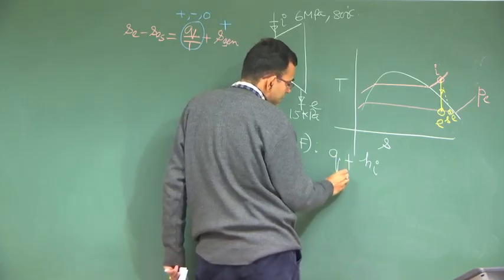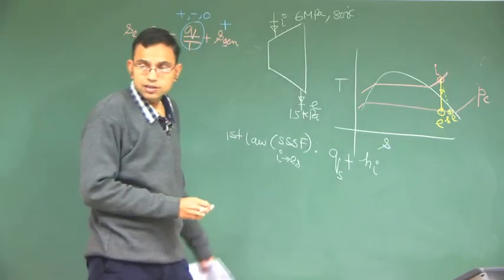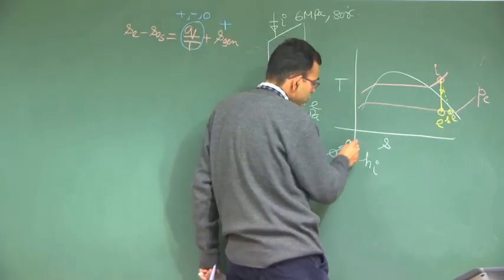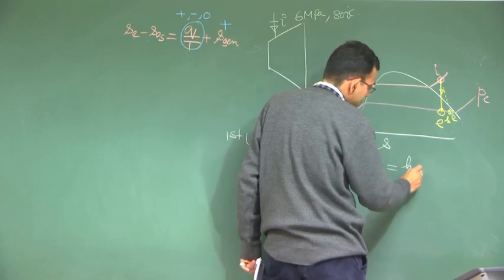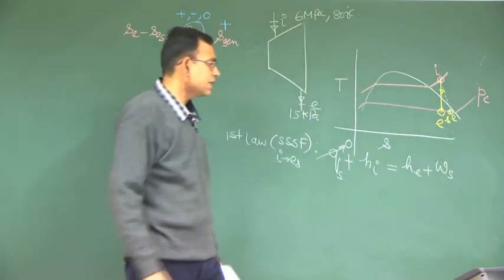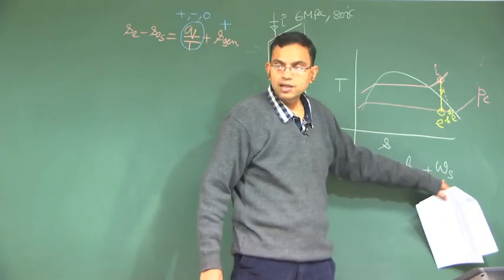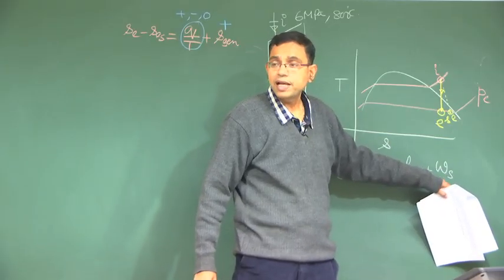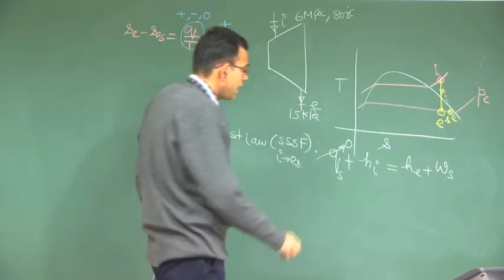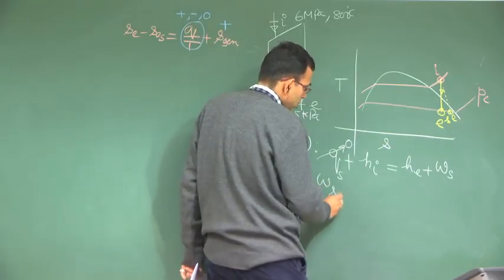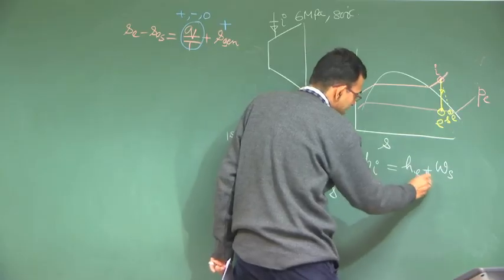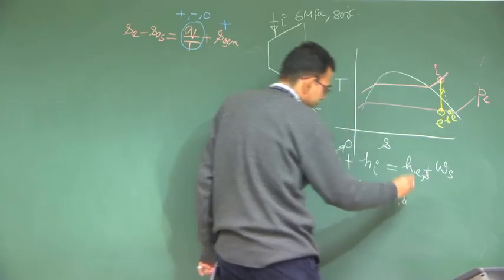In that case the reversible adiabatic Qs is 0 because it is adiabatic. So, I am completing the expression. I am writing this as Ws. Ws corresponds to reversible adiabatic work per unit mass, or isentropic work. So, isentropic work will necessarily be Hi minus HES.